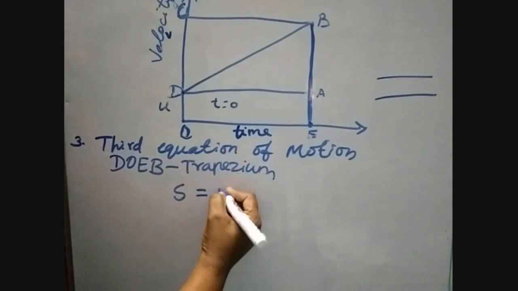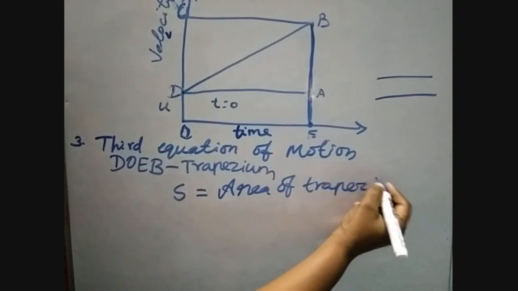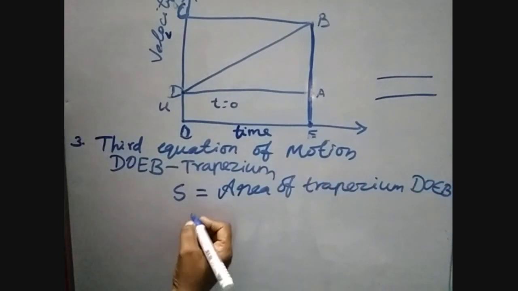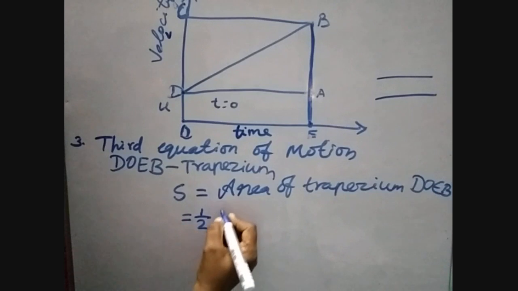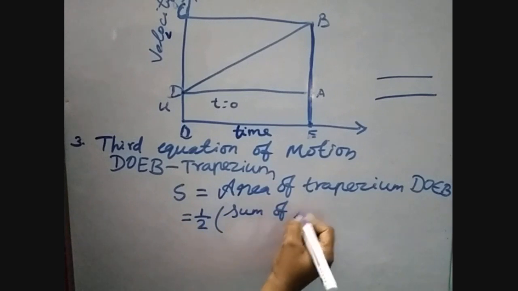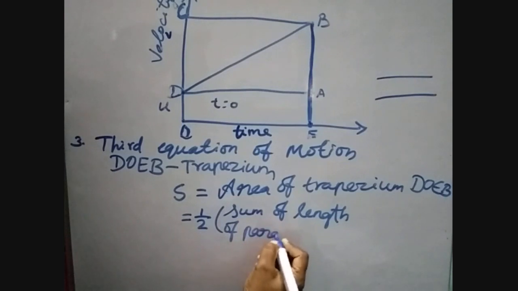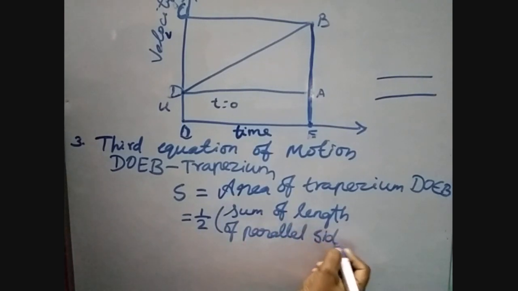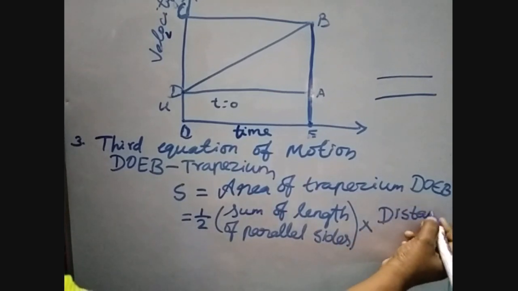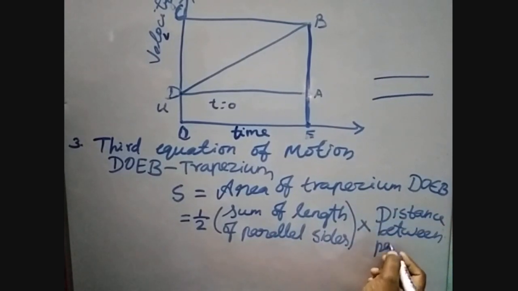S is equal to the area of trapezium DOEB. The formula for the area of a trapezium is 1/2 into the sum of the lengths of parallel sides into the distance between the parallel sides.